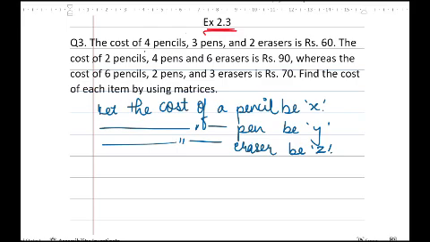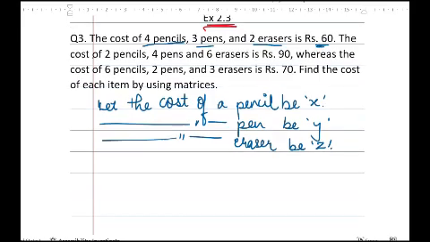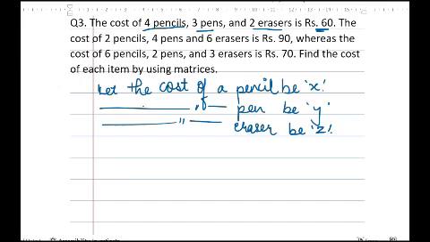It's given the cost of 4 pencils, 3 pens and 2 erasers is rupees 60. So what we'll now do is take 4x plus 3y plus 2z is equal to 60.